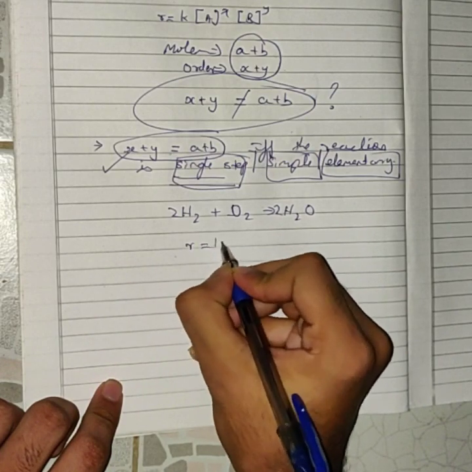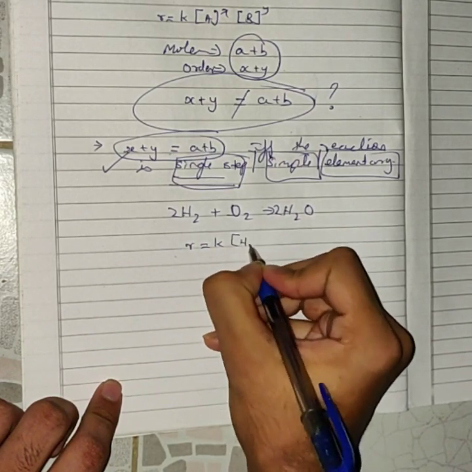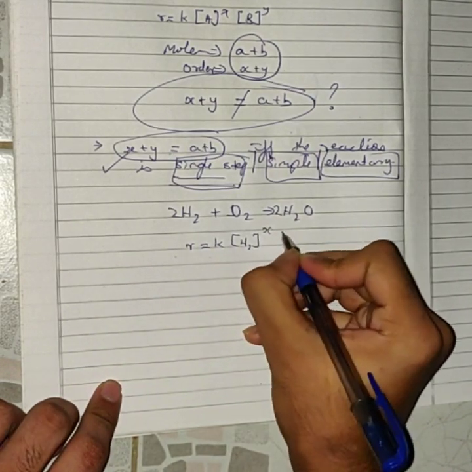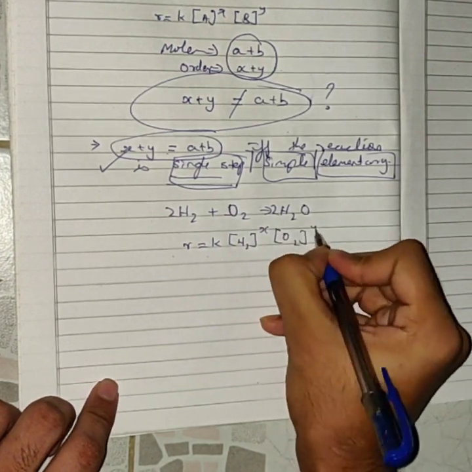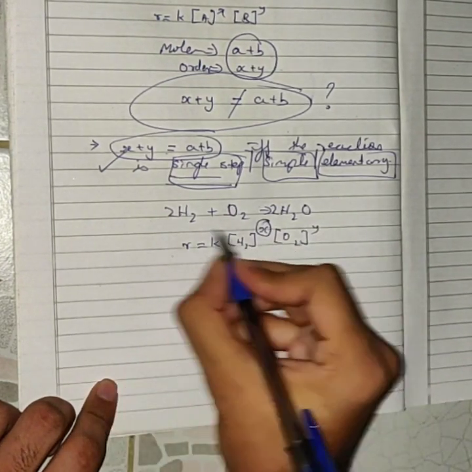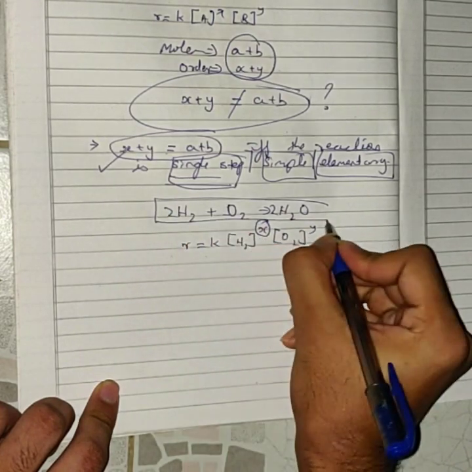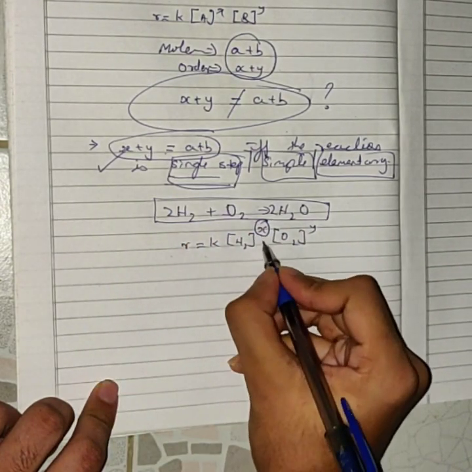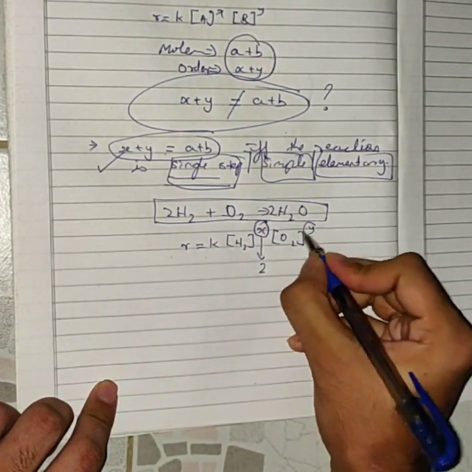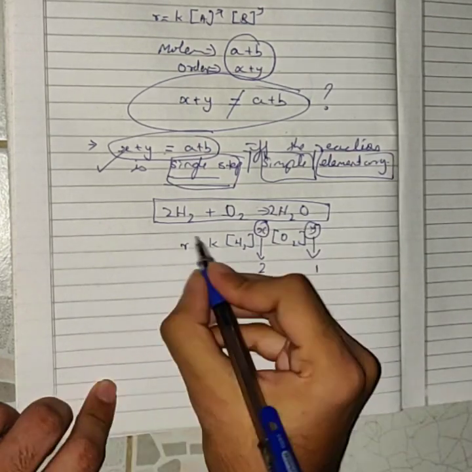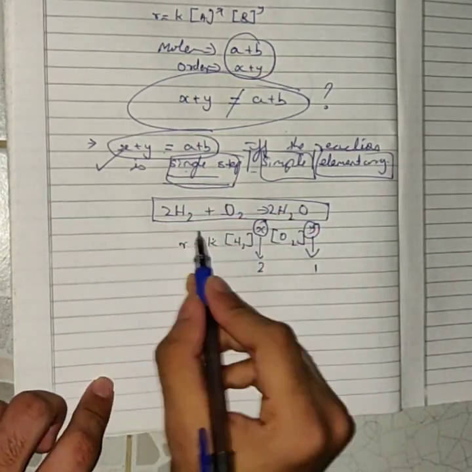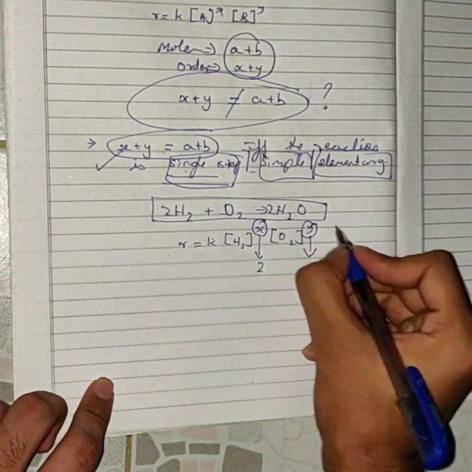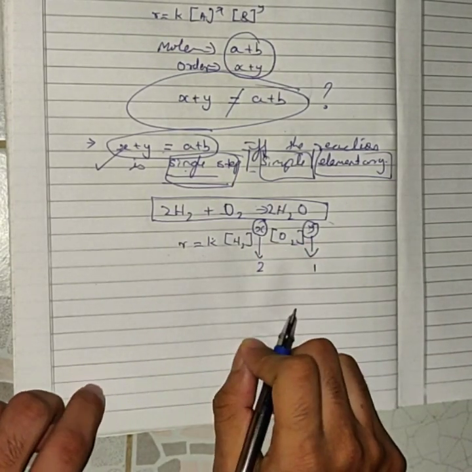So R will be equal to K, H2 raised to x and O2 raised to y. If this is a single step reaction, x will be 2 here and y will be 1 here, if it is mentioned. Otherwise this is not possible, x won't be equal to 2.